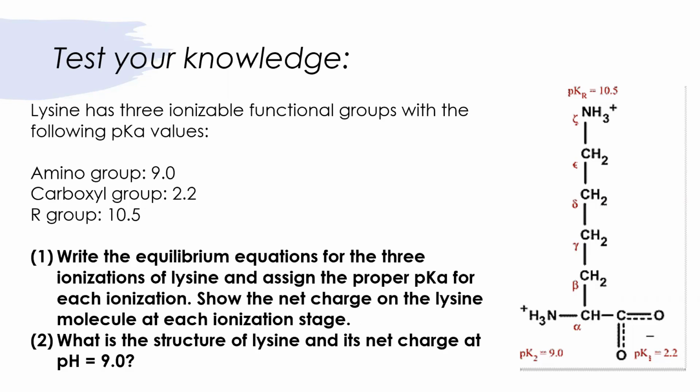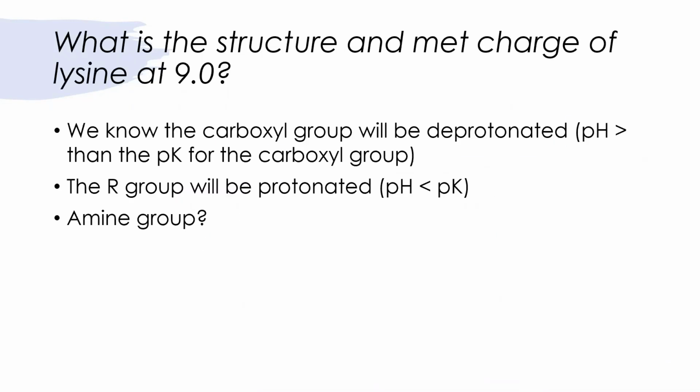Make sure you assign the proper pKa for each ionization and show the net charge for the lysine molecule at each ionization stage. So I want you to think about the structure of the lysine molecule and its net charge, specifically at pH 9. So what is the structure and net charge of lysine at 9.0?